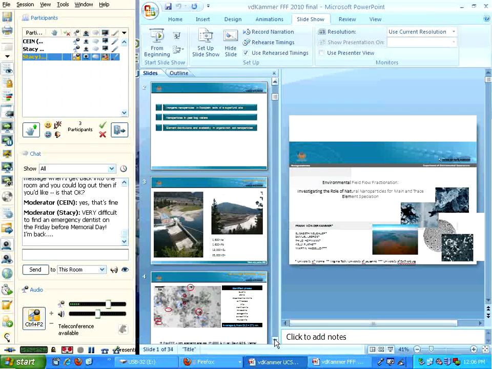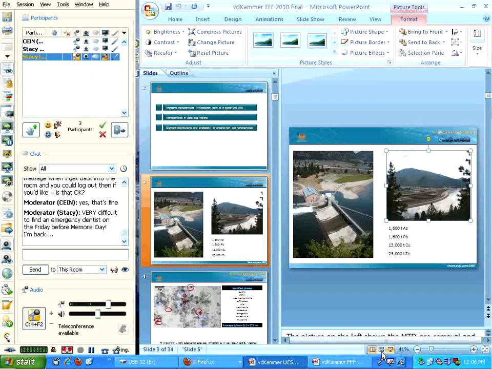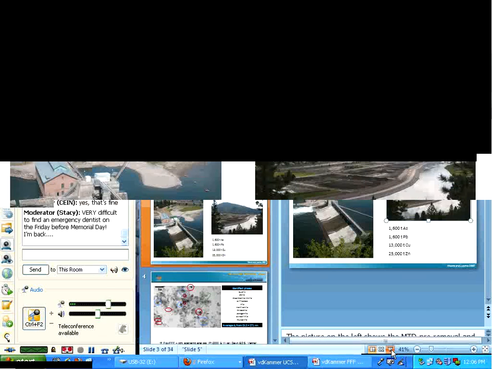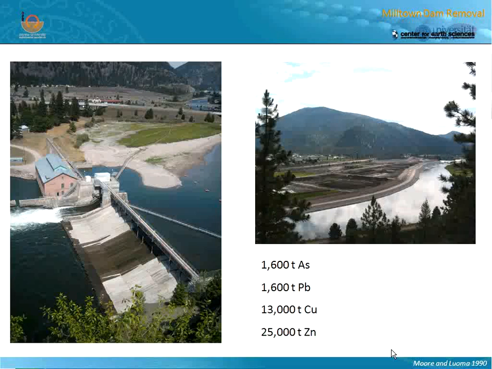We did this together with Kelly Plathy from Michael Cello's group, and we were looking into the colloidal content or the nanoparticle content in floodplains behind Milltown Dam.